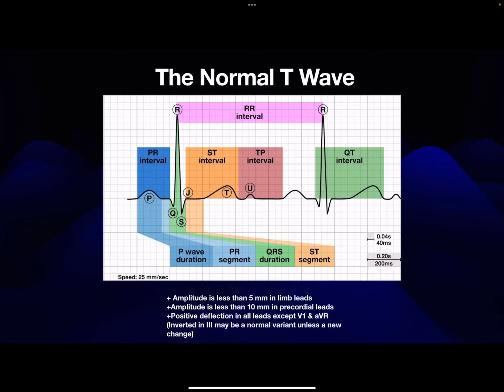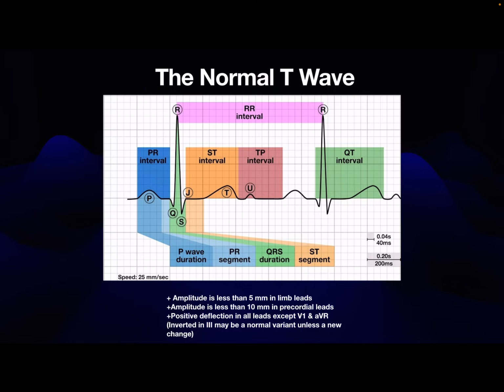All right, so let's just familiarize ourselves with what the normal T-wave looks like. So you've got your PQRS T complex. The T-wave should follow the QRS complex. And generally, the QRS complexes are going to be much larger in proportion to the T wave.